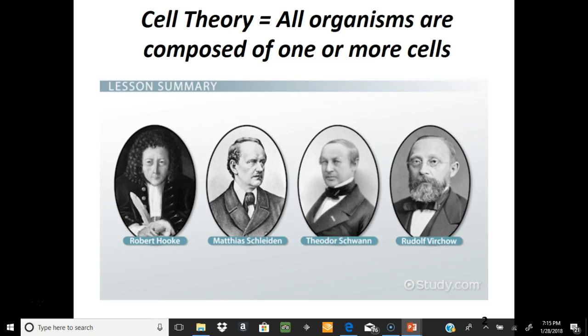The individuals that get the credit for this: Robert Hooke, who introduced us to cells when he was looking at cork and came up with that term. And then Matthias Schleiden, Theodor Schwann, and Rudolf Virchow are the ones who actually composed the cell theory. This is much later than Hooke's time.